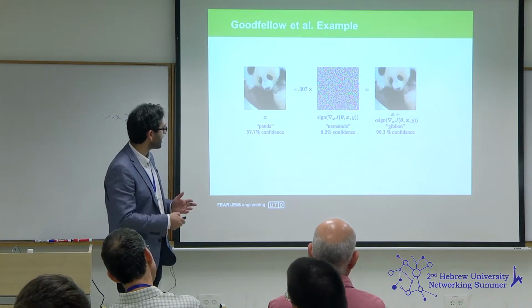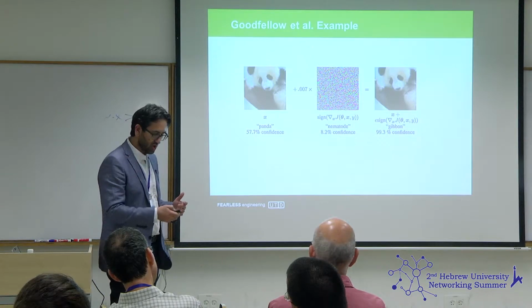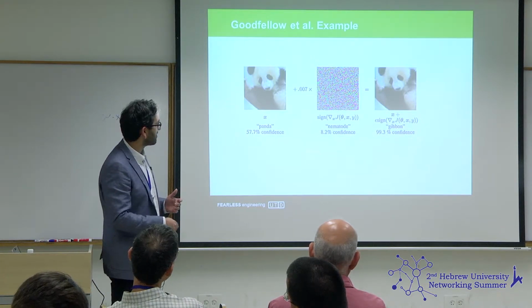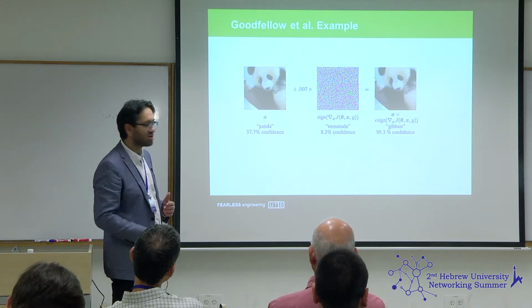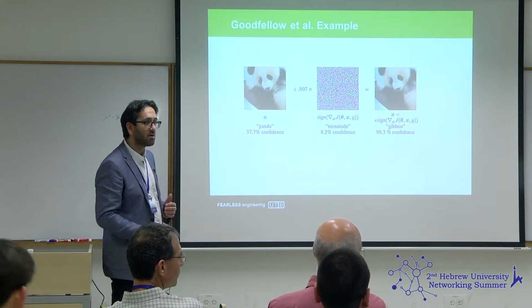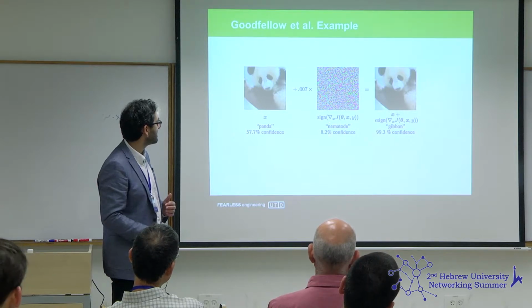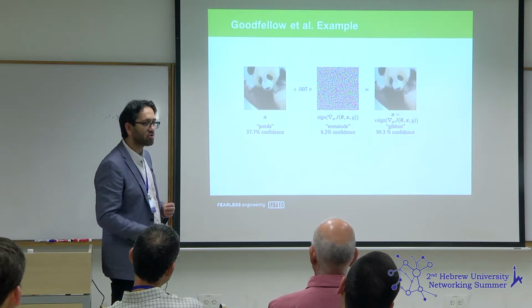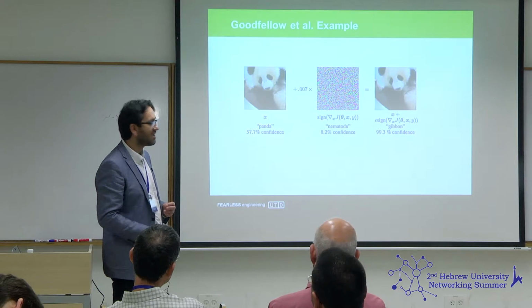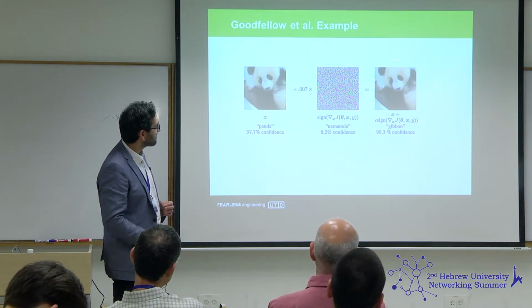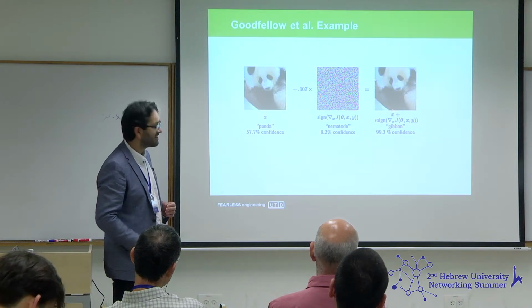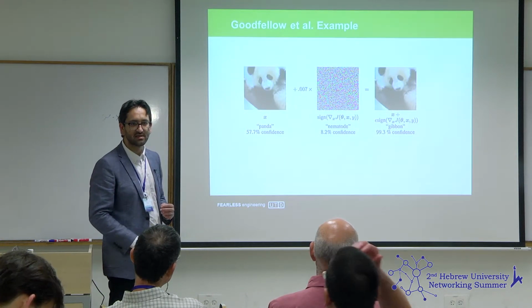So they are trying to add noise according to that derivative computed for this image. This noise is classified as nematode with this confidence. When they combine these two with certain weights, the result is classified as gibbon with 99.3 confidence.